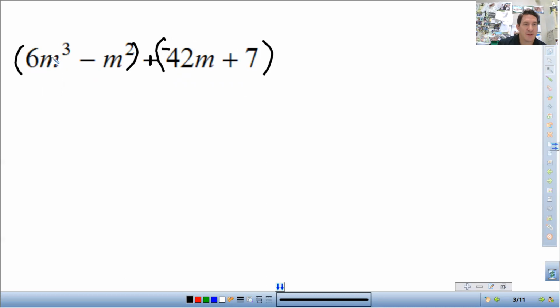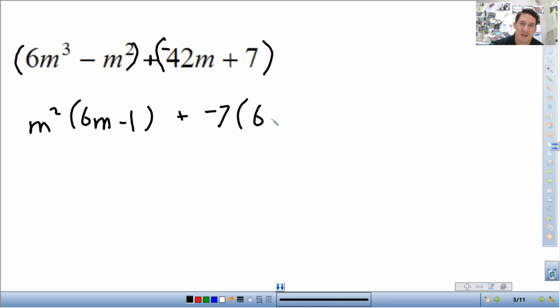The greatest common factor between 6m cubed and m squared is m squared. So then I'm left with 6m minus 1. Greatest common factor between negative 42m and 7. When this is negative, what you want to do is factor out a negative, so I'm going to factor out a negative 7. And this becomes a positive 6m minus 1.